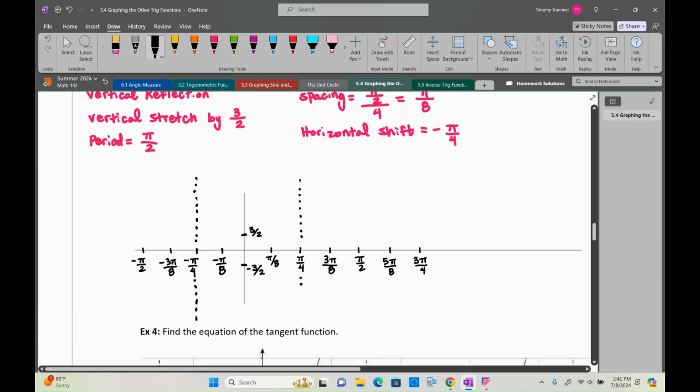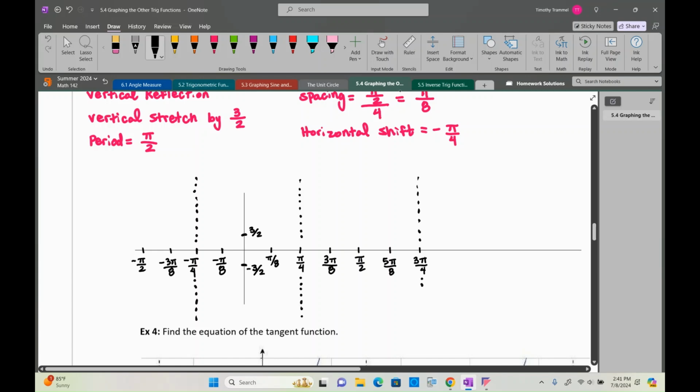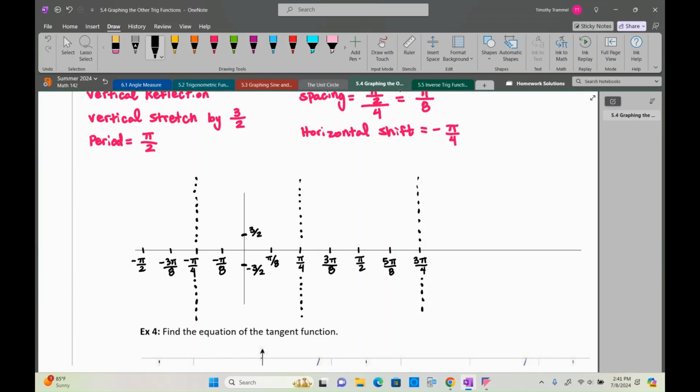And if you add pi over 2 to minus pi over 4, you'll get a positive pi over 4. Again, I usually just count the number of tick marks in between. Okay. You can see that in between these two pairs of asymptotes, there are the same number of tick marks. All right, and so let's go ahead and now try to fill some of this in.